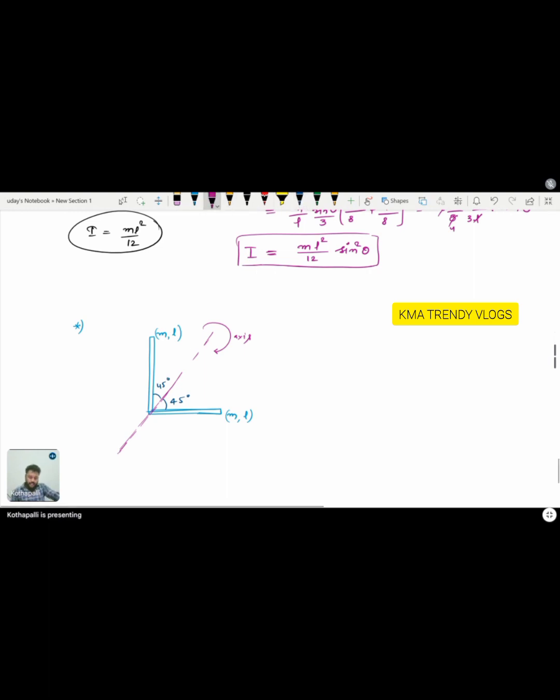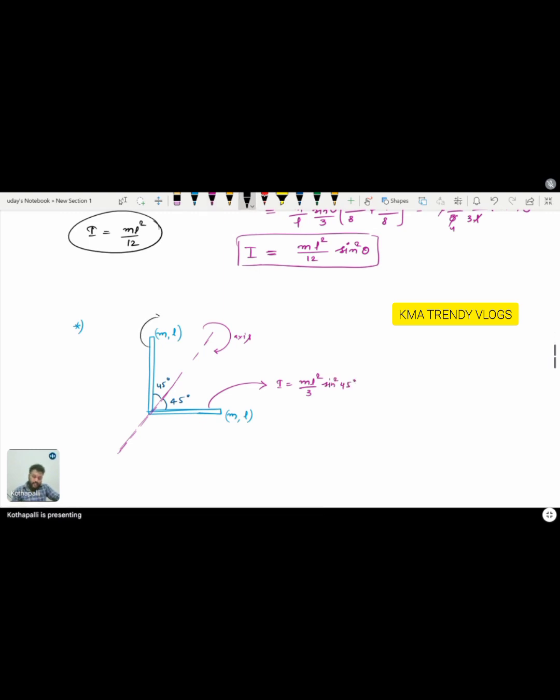Now think like this. The axis for this rod is passing through its end and making an angle of 45 degrees. The moment of inertia of this rod will be ml square by 3 into sine square 45.